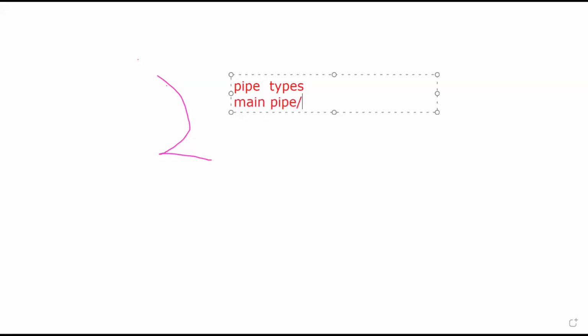We have about pipe layers or pipe types. Let me call the first one the main. Have the main pipe. Some will call it the primary pipe, primary distribution.